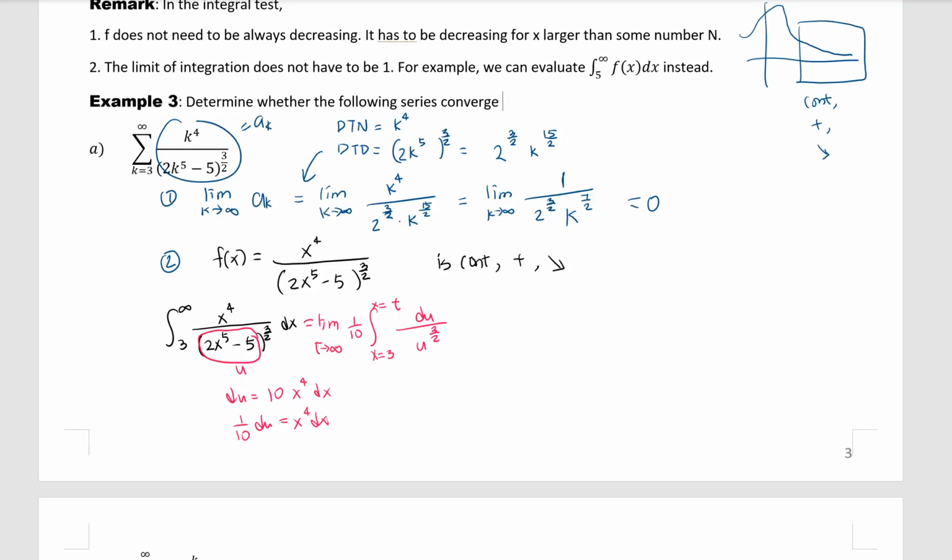We cannot set it equal to infinity; we can only approach it, getting closer to infinity. So next, that's the limit as t goes to infinity of 1 over 10, x from 3 to t, and here this is u to the negative 3/2 du. What is that?